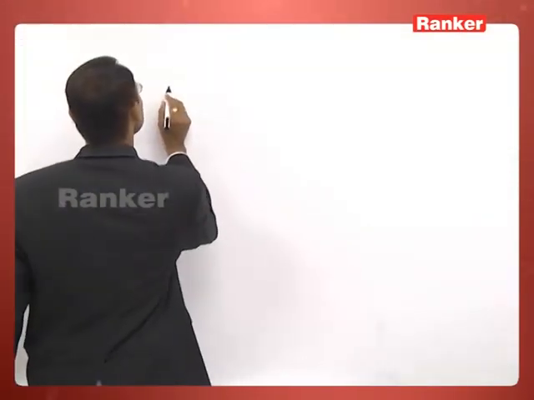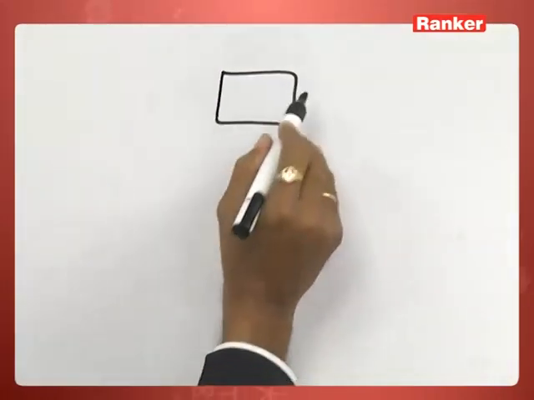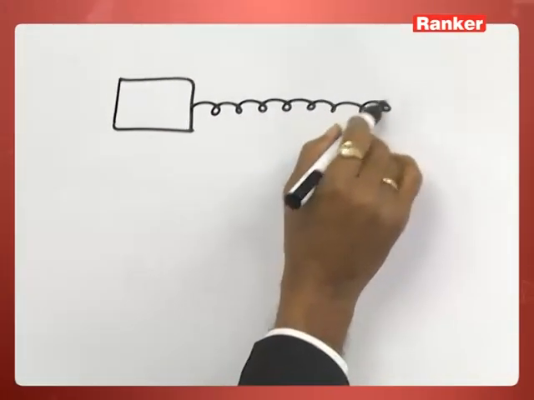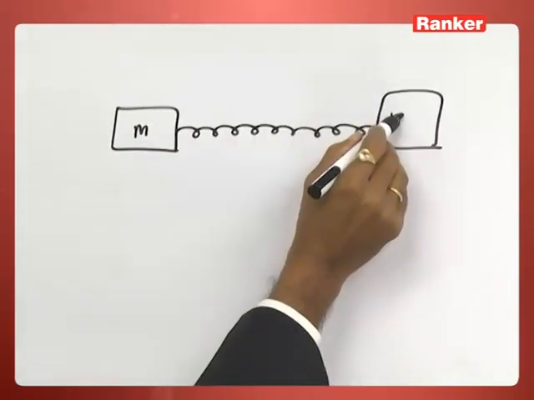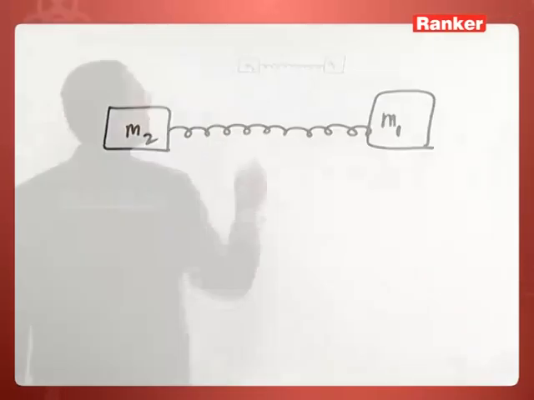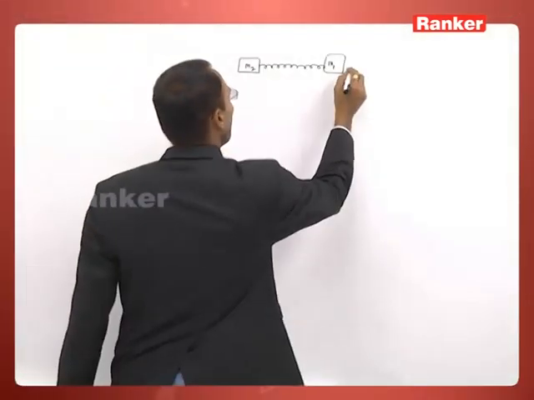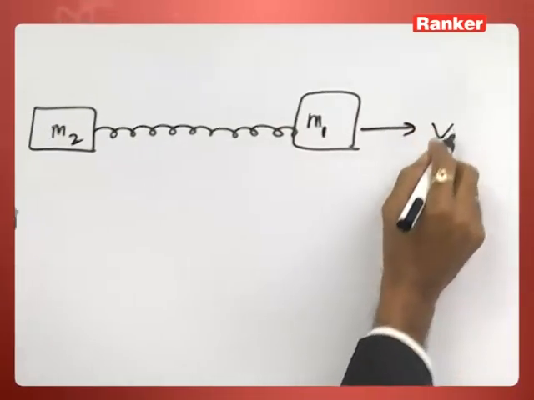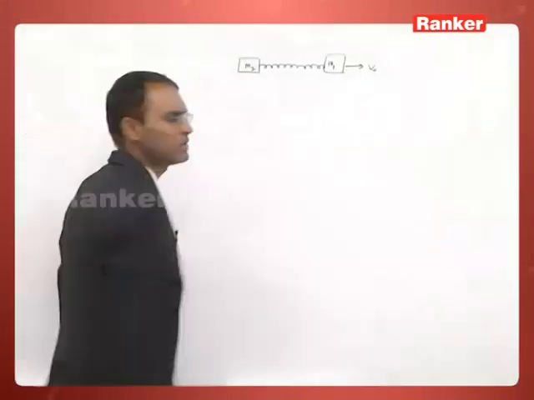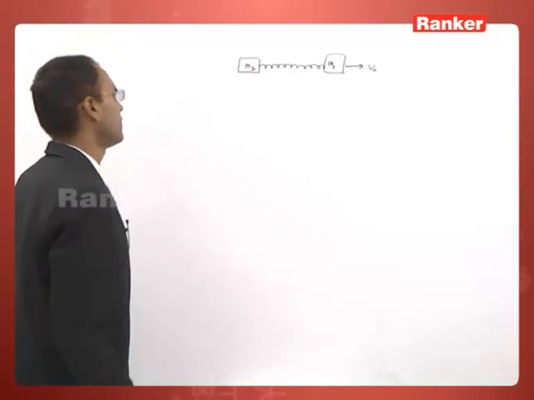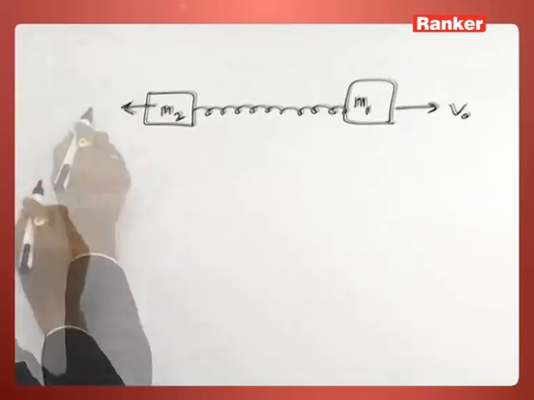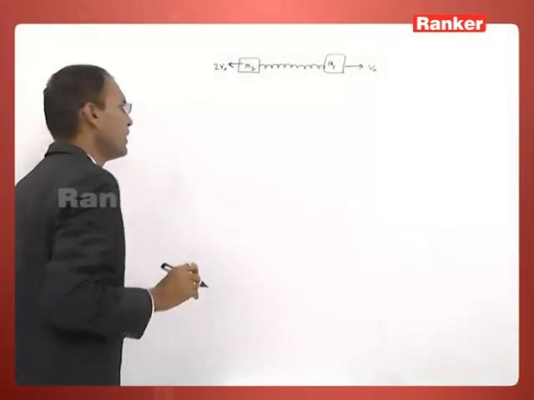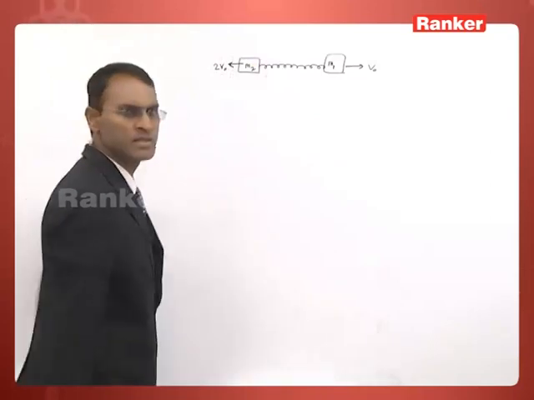The previous problem can be modified in this way. We take two blocks m1 and m2. You project m1 with velocity say v naught towards right and project m2 with velocity 2 v naught towards left.